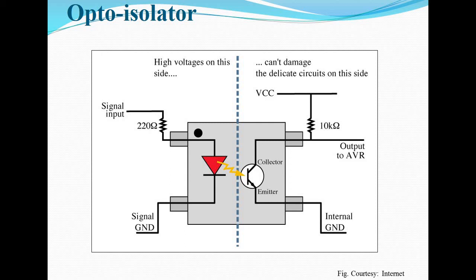So it ensures that there is no light falling on the photodiode junction, and the system is protected from any external light. That means we have to take care that there is no external light falling on the transistor, and that only the light coming from the LED falls on it.